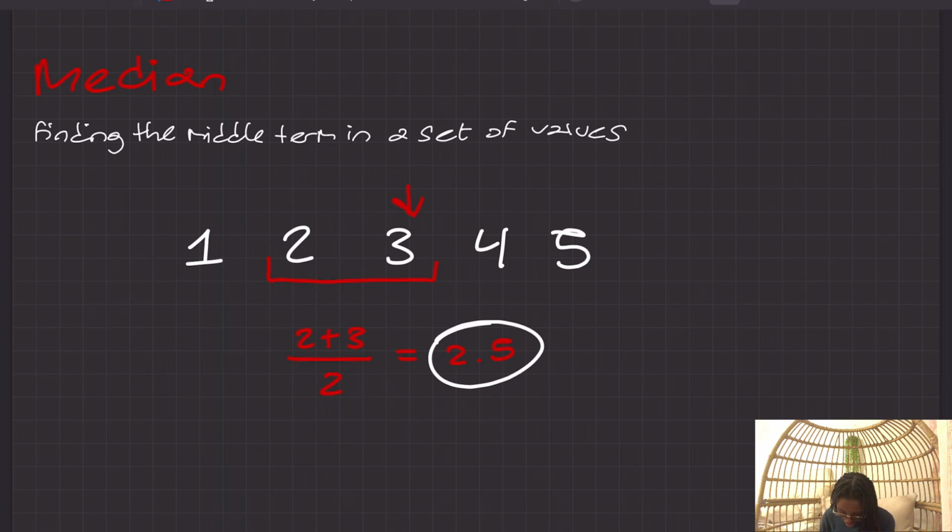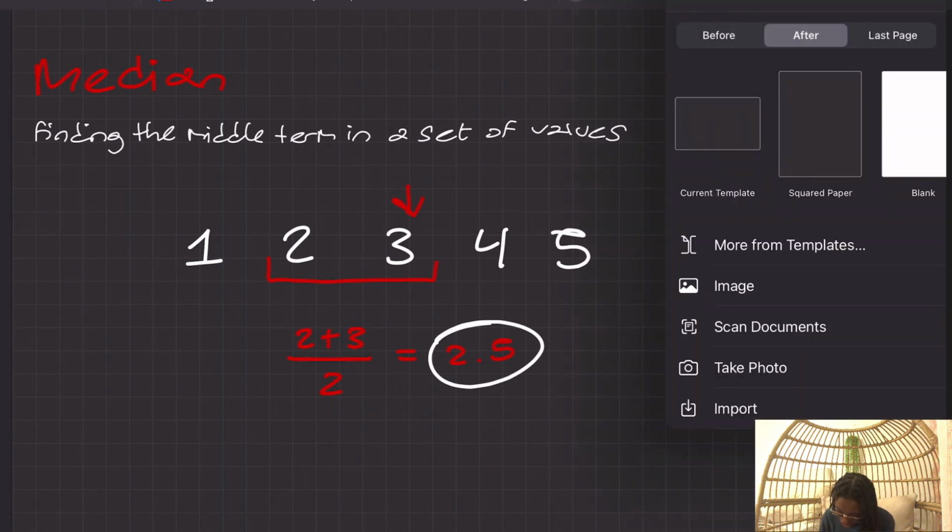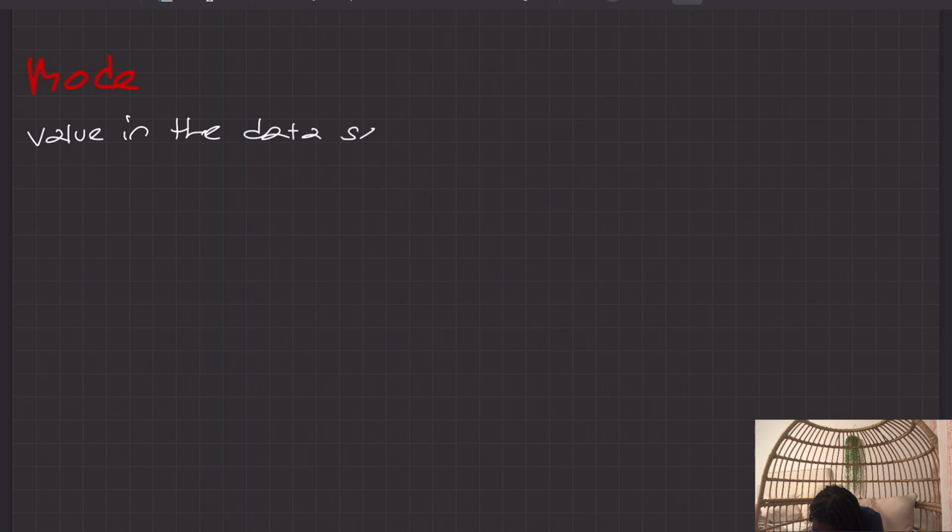And then you have the mode, which is the value in the data set that has the highest frequency.